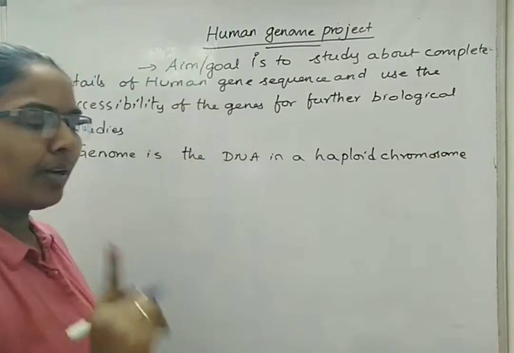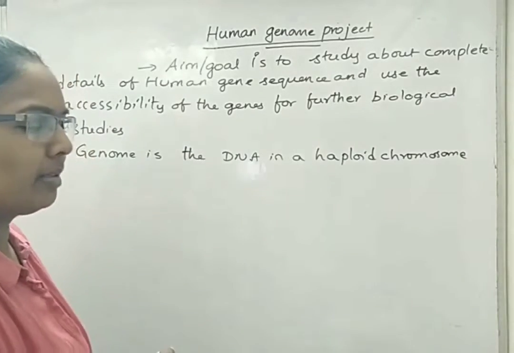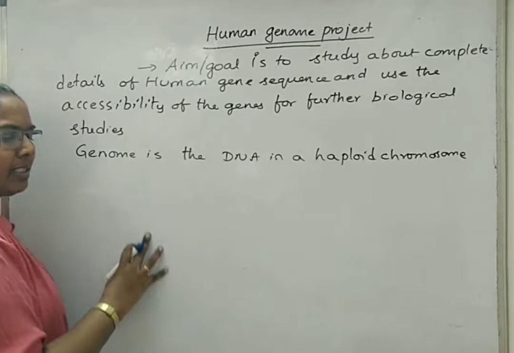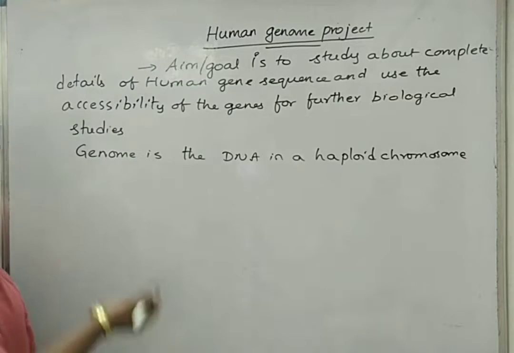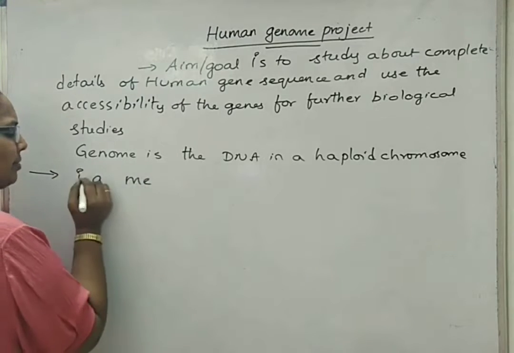It means taking one chromosome out of the pair and separating the DNA, that DNA we give the term genome. The complete study of one chromosome can give us a detailed study of the remaining chromosomal gene sequences also. This Human Genome Project is a mega project.